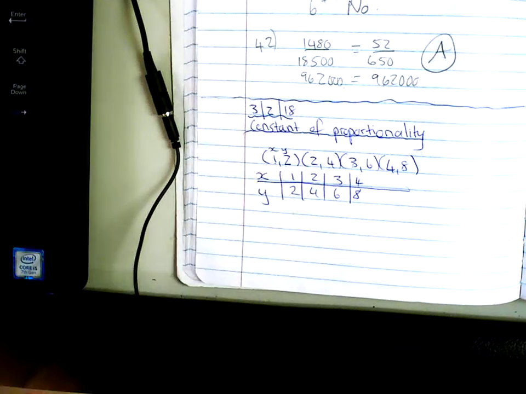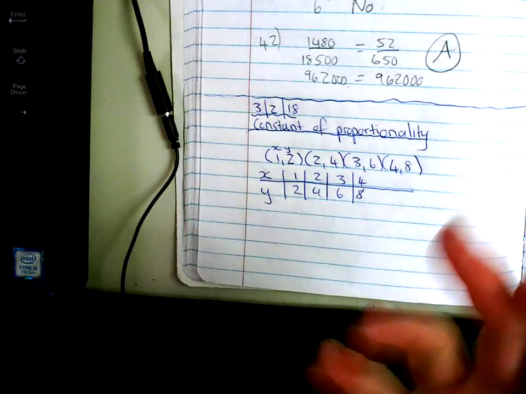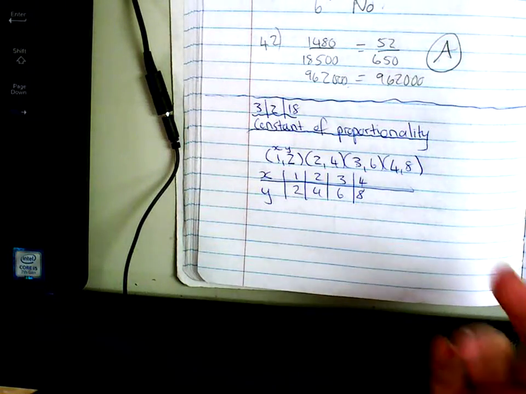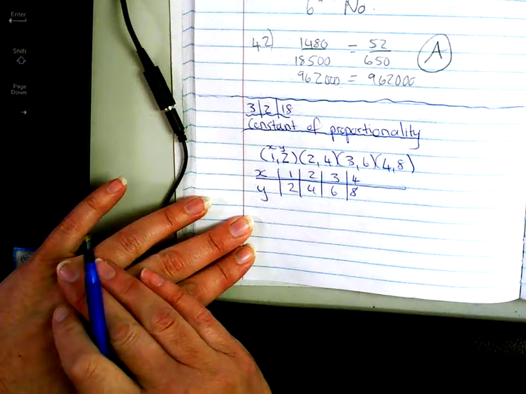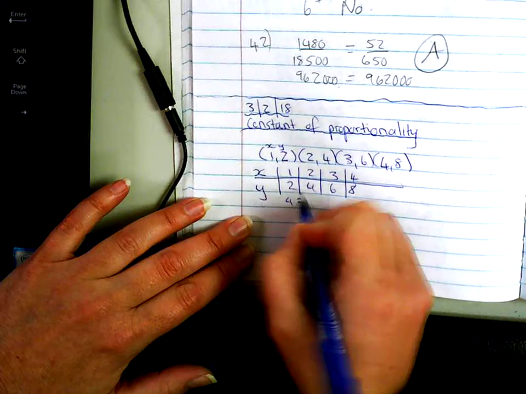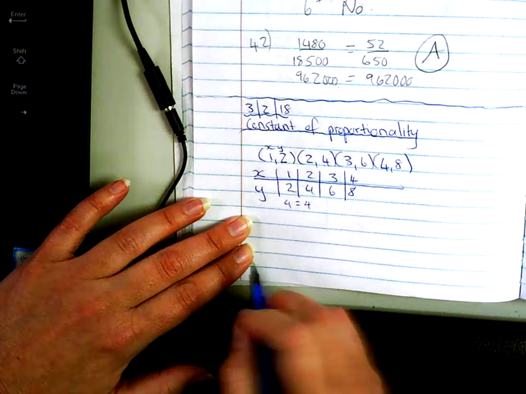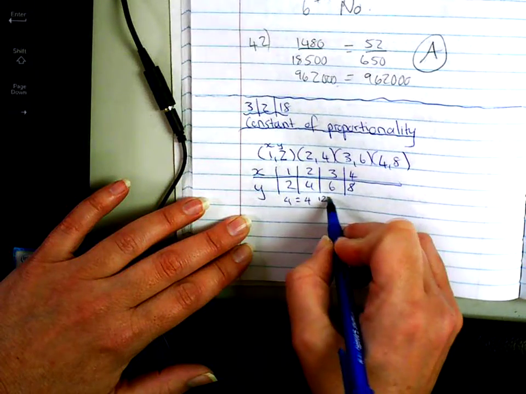First of all, I'm going to refer back to yesterday's classwork. We have to determine, are they really proportional? Because if they are proportional, then I can cross multiply and I'll get the same answers. Let's see if that's true. 1 times 4 is 4, and 2 times 2 is also 4. It's working so far. 2 times 6 is 12, and 4 times 3 is 12.